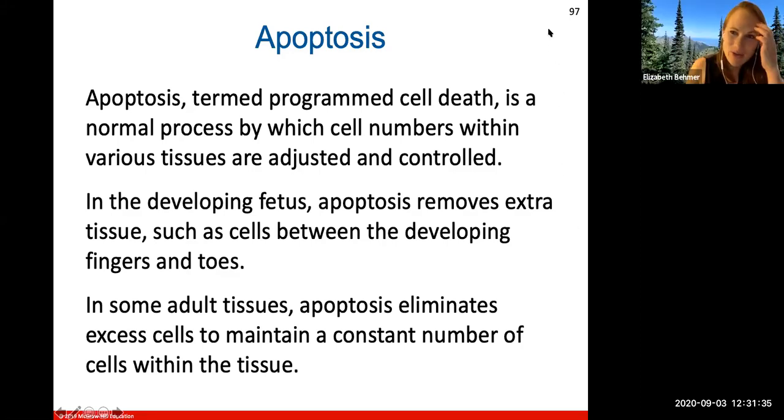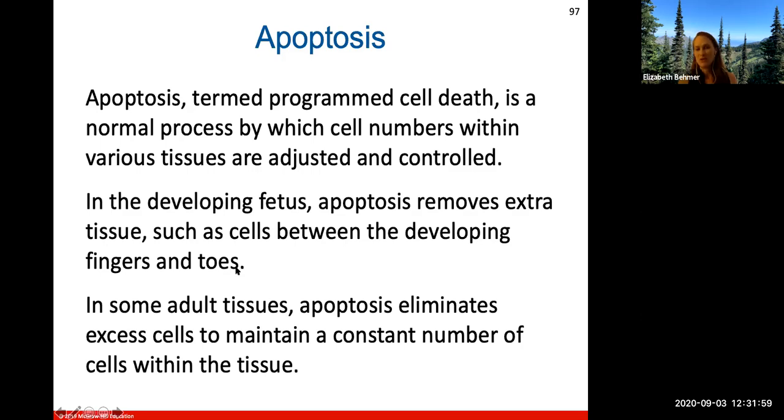All right, apoptosis, more about cell death. Hopefully this won't become too dark. All cells can program themselves to die, and this is a normal process by which cell numbers within various tissues are adjusted or controlled. In the developing fetus, apoptosis will remove extra tissue, such as cells between the developing fingers and toes.